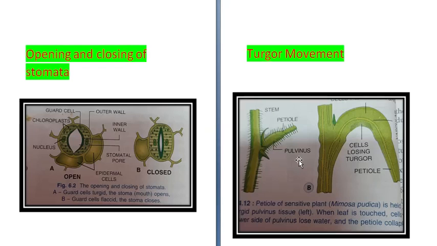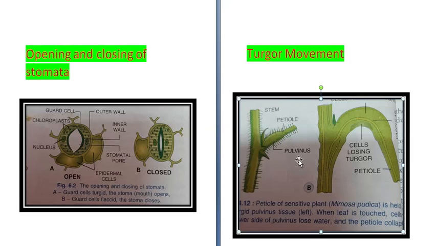Next is turgor movement. Drooping of the leaves of a sensitive plant like Mimosa pudica is an example of turgor movement. This happens when the leaf is touched even slightly, even for 2 to 3 seconds, then folding of leaves and drooping takes place.